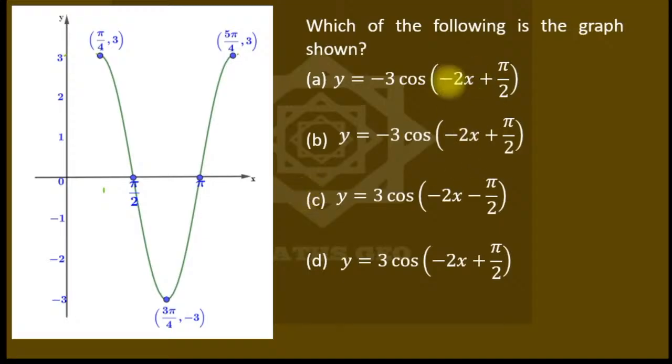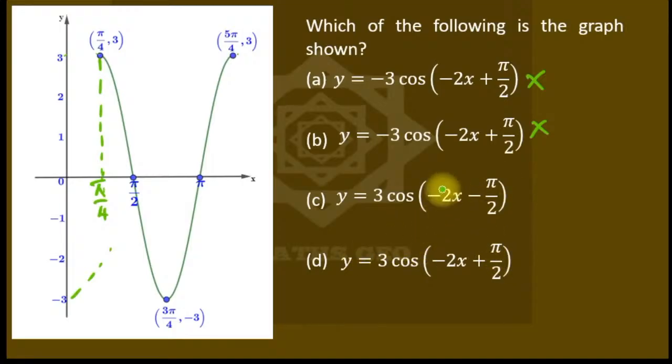Okay, look at this. As you can see, this graph is a cosine graph, but it's shifted pi over 4. So that's the shift, meaning that this is off, because I have a positive, but it starts from here. If it started from here, we would have the negative. So these two are off, remaining these two. Let's check something.